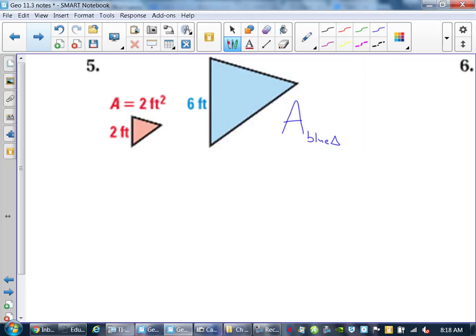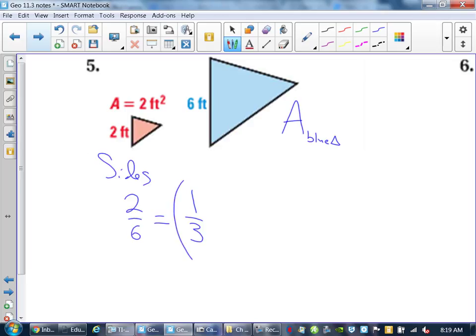So how I start this problem out is that I know that my ratio of the sides is 2 to 6, which gives me what as a scale factor? 1/3, very good. So there's my scale factor of the sides. To that, what do I do to get the ratio of the areas?